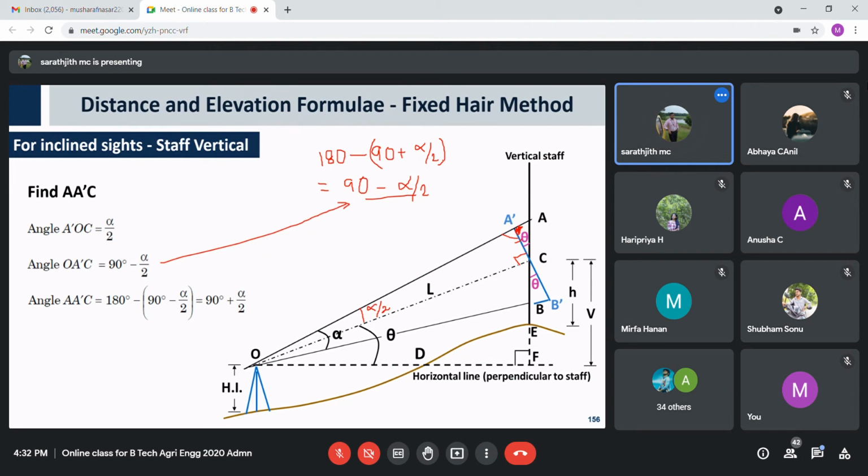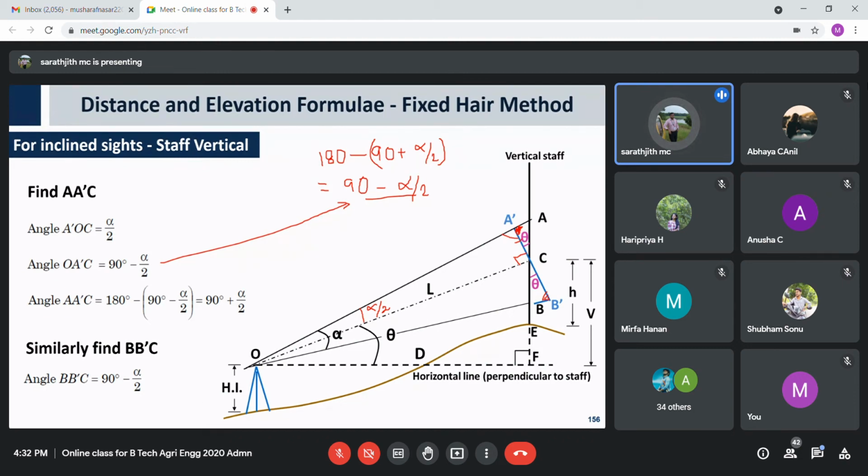Clear? Yes, sir. Similarly, we consider the lower triangle OCB. If you do similar calculations here, you will get this angle B dash C as 90 minus alpha by 2.